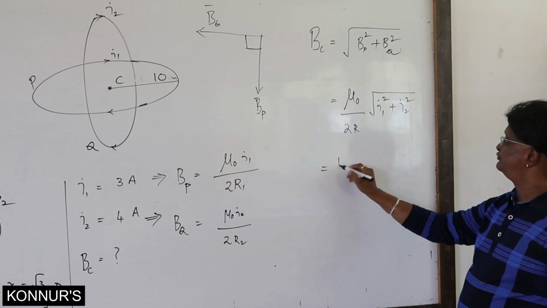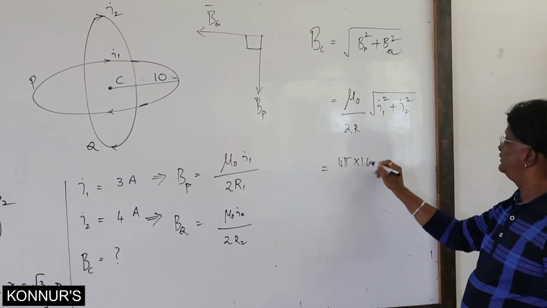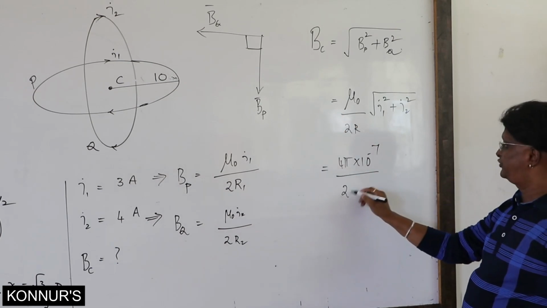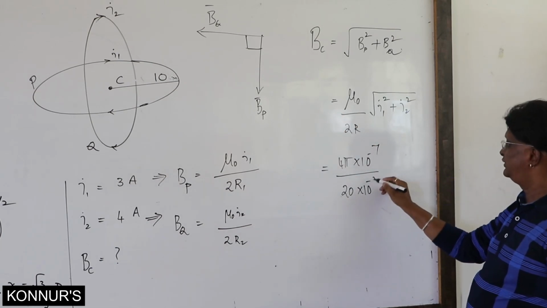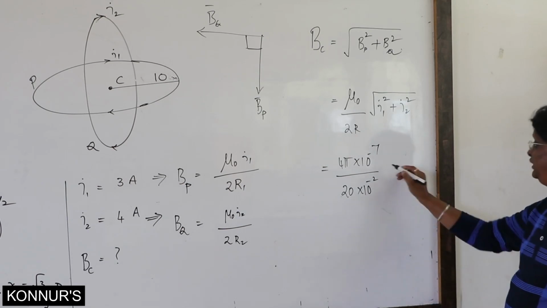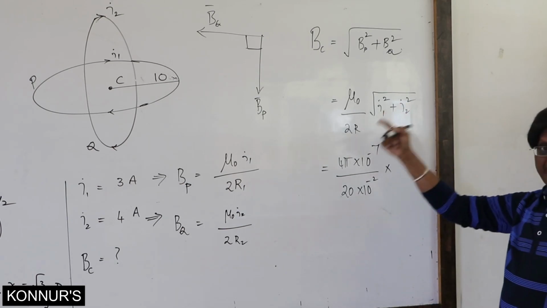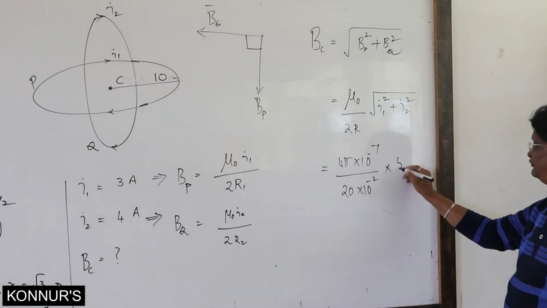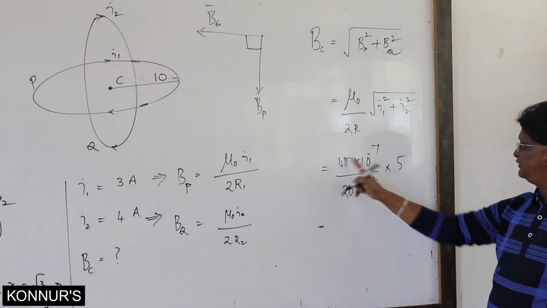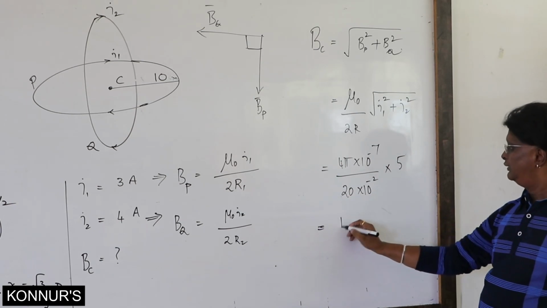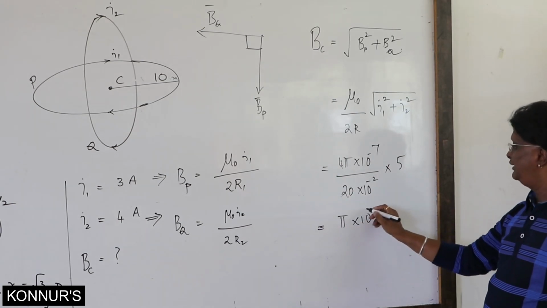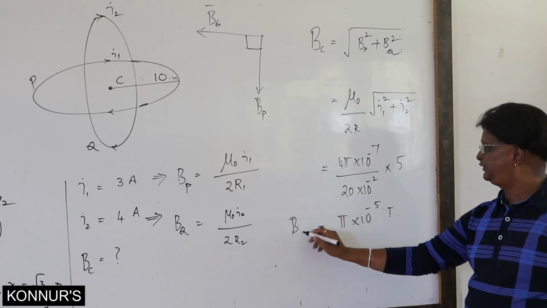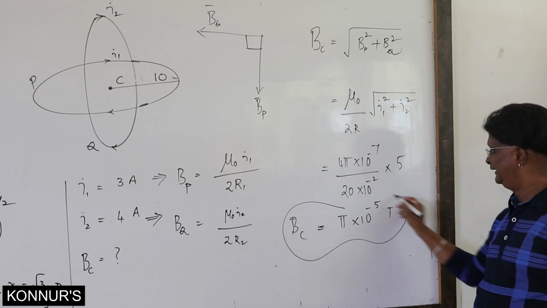Substituting, 4 pi into 10 raised to minus 7, 2 into R, given to be 10 centimeters, therefore it is 20. Don't forget this submultiple, centimeter into meter, times root of I1 square plus I2 square. I1, I2 values are given to be 3 and 4. This number is 5. Therefore, this is 20, 20, this is pi into 10 raised to minus 5 Tesla. You are getting this at the common center.